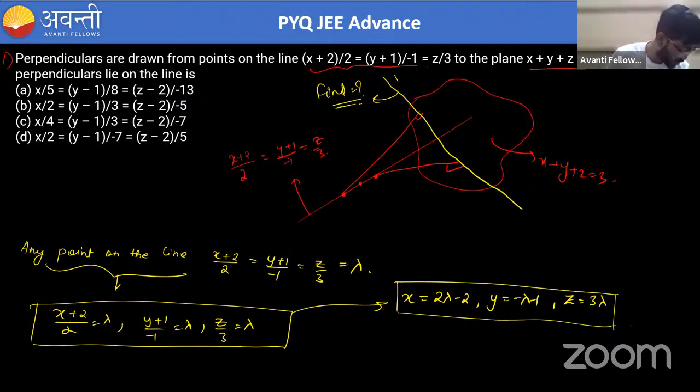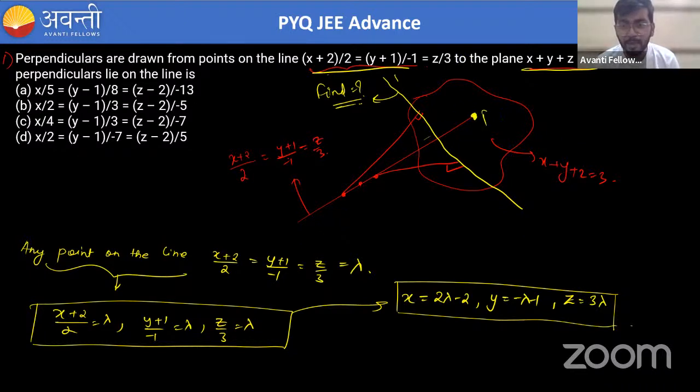Now, since you can see that this line and the plane are not parallel, that means this plane and this line will intersect at some point.